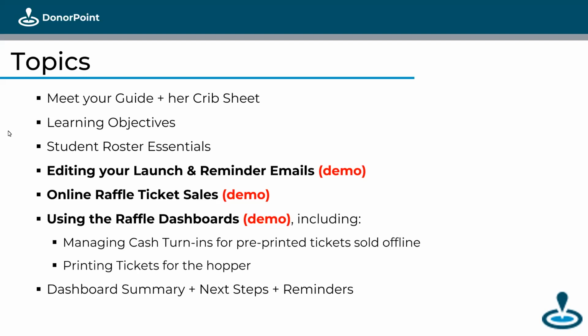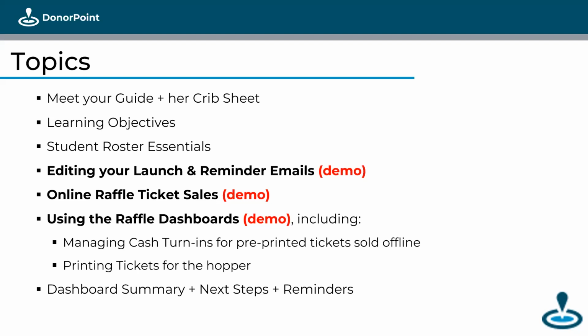We're going to take a look at our learning objectives, student roster essentials, editing your launch and reminder emails. We're going to look at the supporters' experience of buying their raffle tickets online.